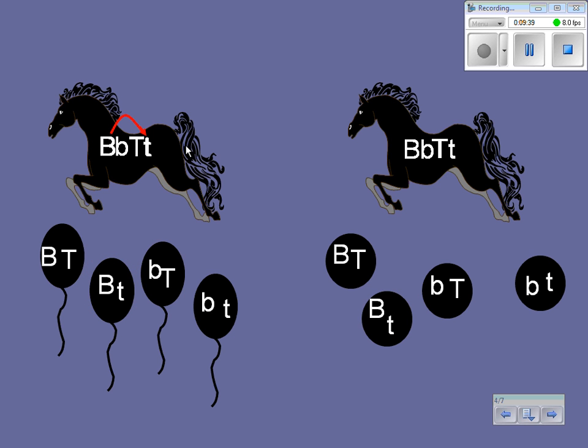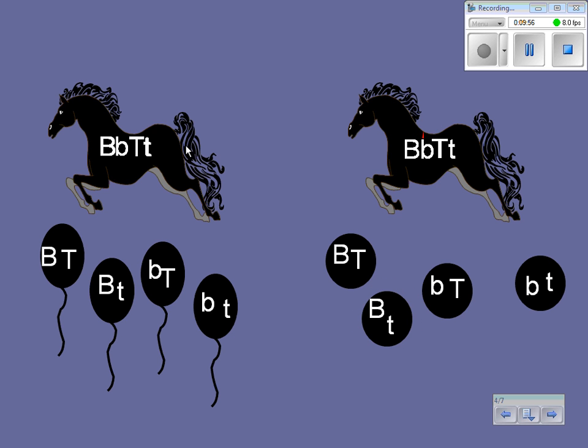Another possible combination could be little b, big T. And the other possible combination could be little b, little t.